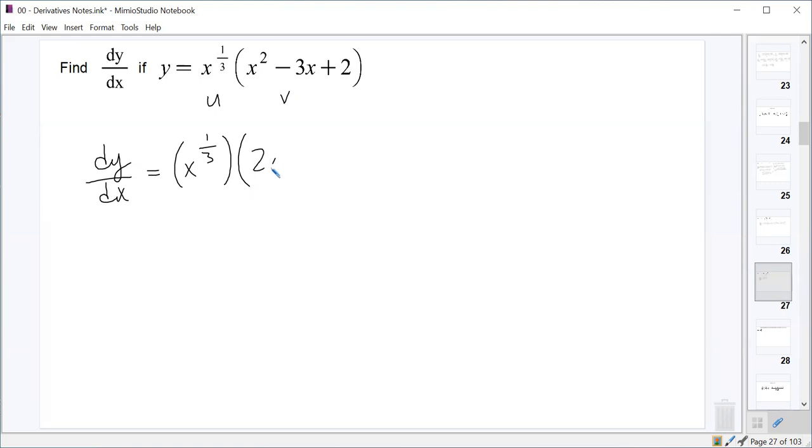So dv is 2x minus 3, and the plus 2 goes away because it's a constant. And then we'll add to that v, x squared minus 3x plus 2, times the derivative of u, which by the power rule is 1/3 x to the negative 2/3.